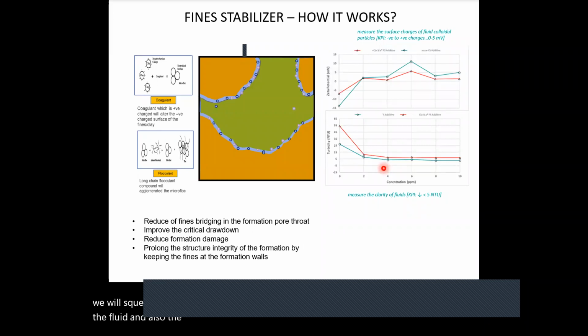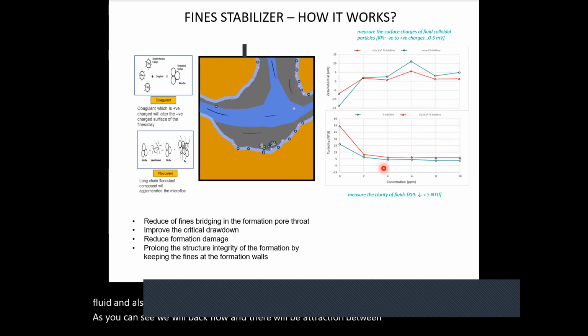After that, we backflow, and there will be attraction between particles, and the majority of the fines will adhere to the surface of the pores, and fine migration to the surface will be reduced. So this shows a simple visual description of how this fine stabilizer works.